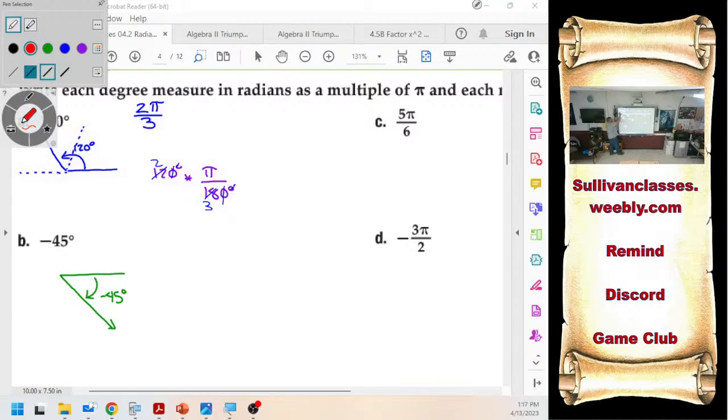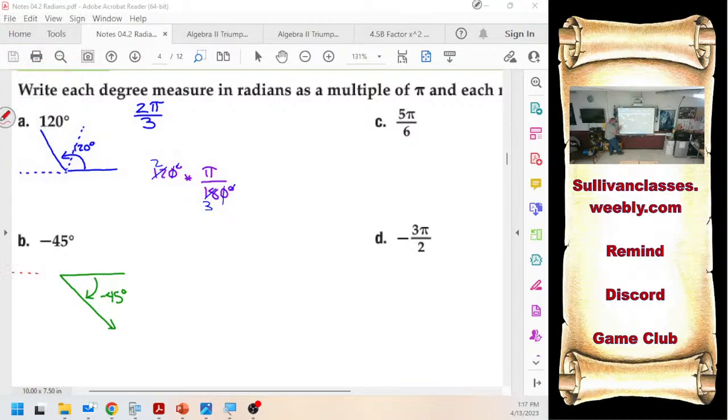And think about what fraction of the way are you to pi? How much of the calzone? A quarter, right? 45, 90, 135, 180.